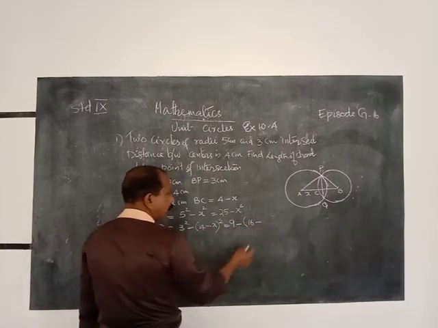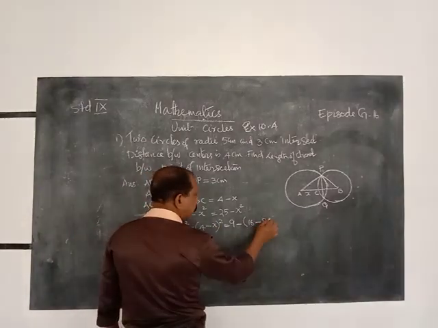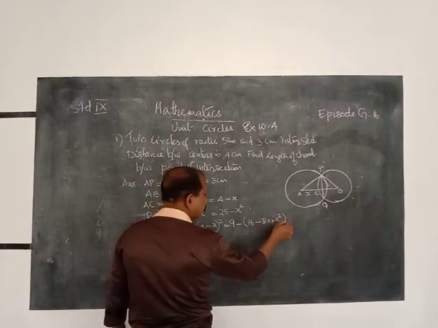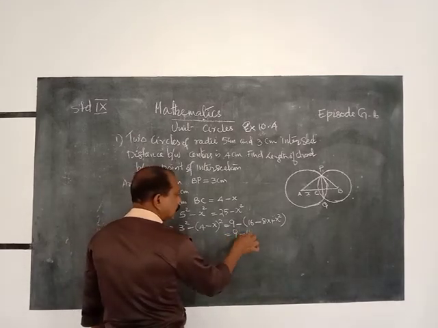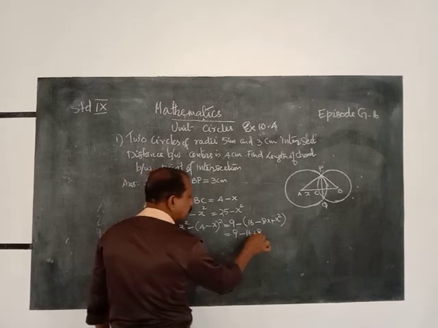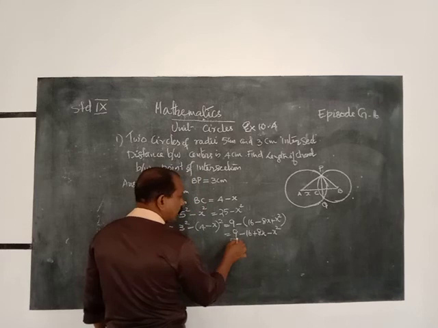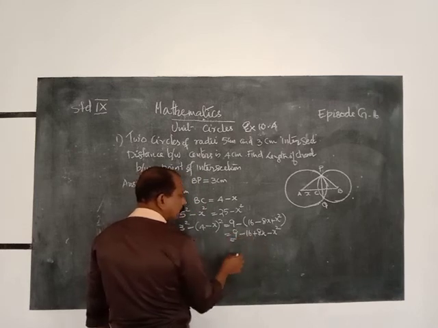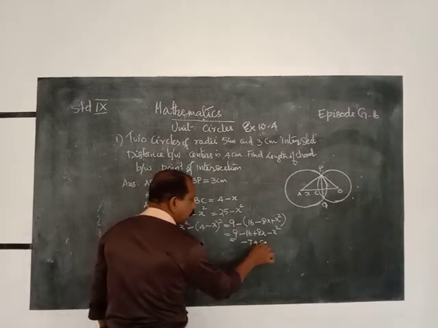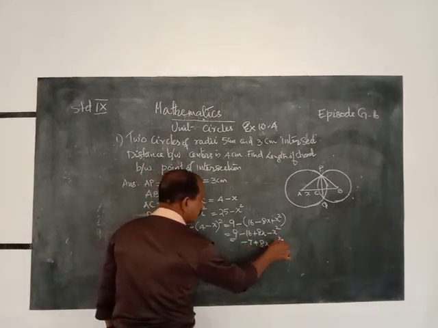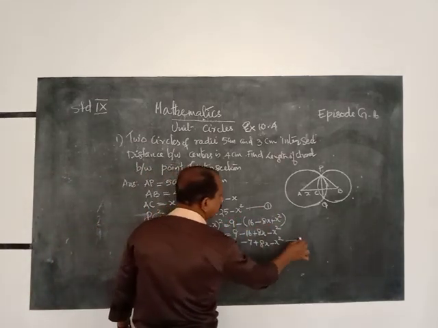That is a square minus 2ab plus b square. That is 16 minus 8x plus x square. So it is equal to 9 minus 16, minus into minus plus, minus x square, which is 7 minus 7 plus 8x minus x square. That is PC square. This is the first equation and this is the second equation.